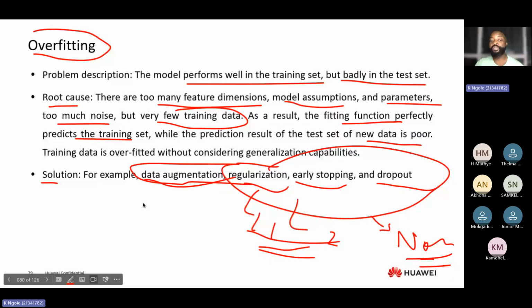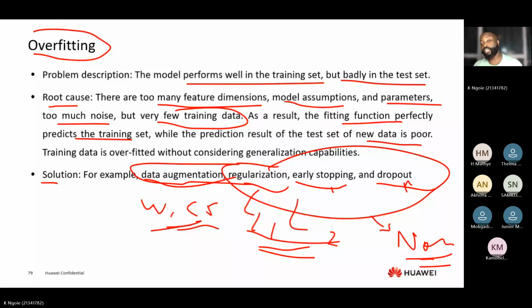Your weight must be less than 5. So this can be a regularization. Okay, and then you have the early stopping, which means that you stop training at a certain number of epochs instead of finishing the whole sequence. And then you can use a dropout. That means you cut down a part of the neural network in training.